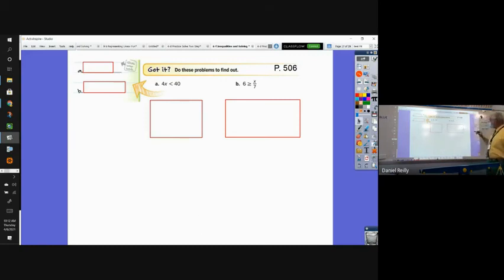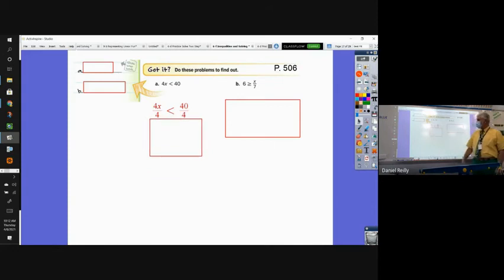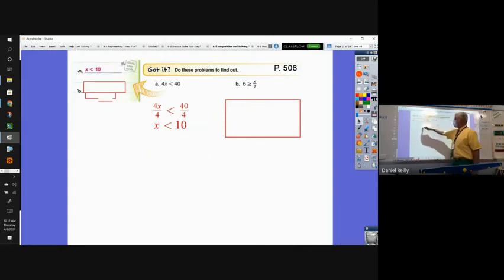Divide by 4, did you say? Yes, that's correct. Be confident. Divide both sides by 4 to undo multiplication. I undo this multiplication by dividing. X is less than 10. 40 divided by 4 is 10. X is less than 10. If I were to graph this on a number line, it would be an open circle and an arrow to the left.